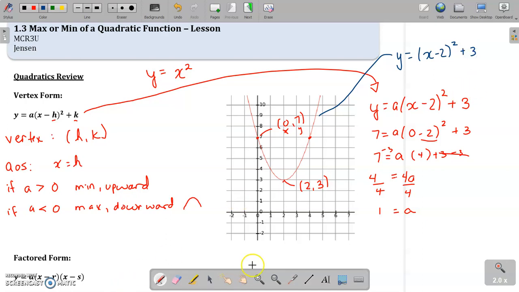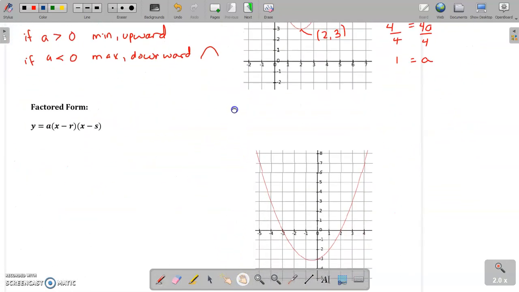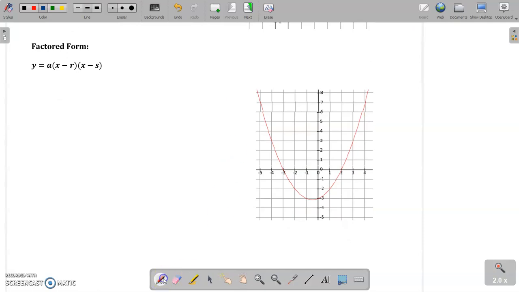All right, so that was a very brief introduction to vertex form. The next form is factored form. And what this tells us is the zeros of the equation.